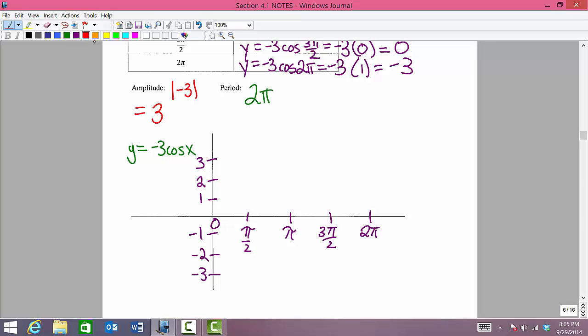When I start to plot my points, we have 0, -3, pi over 2, 0. We had pi, +3, 3 pi over 2, 0, and then 2 pi, -3.